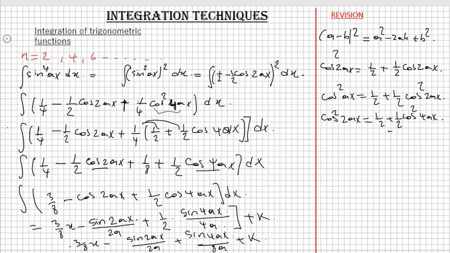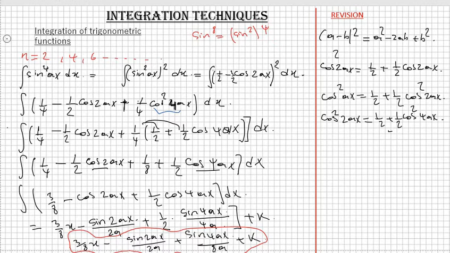So remember that when the exponent is even, you're gonna have to write the trigonometric relation in terms of the exponent 2. So let's say, for instance, you have sine to the power of 8. Then you need to write it in terms of sine to the power of 2. So we're gonna have sine to the power of 2 multiplied by everything to the power of 4.